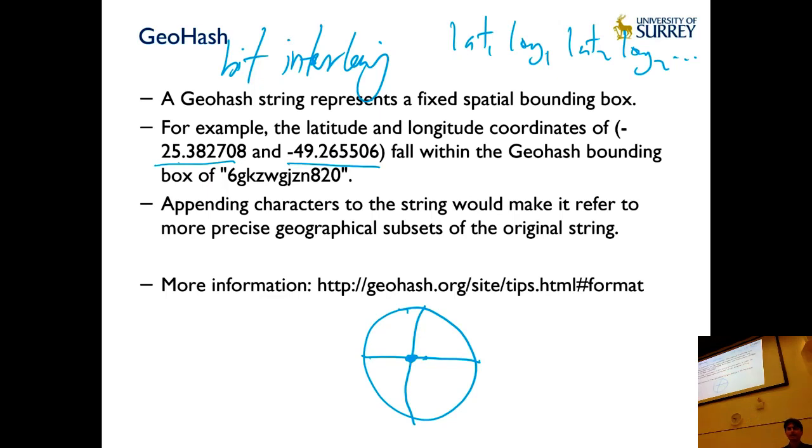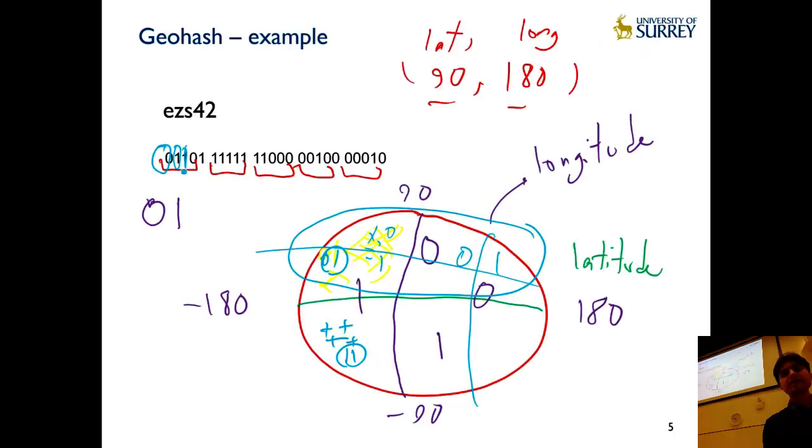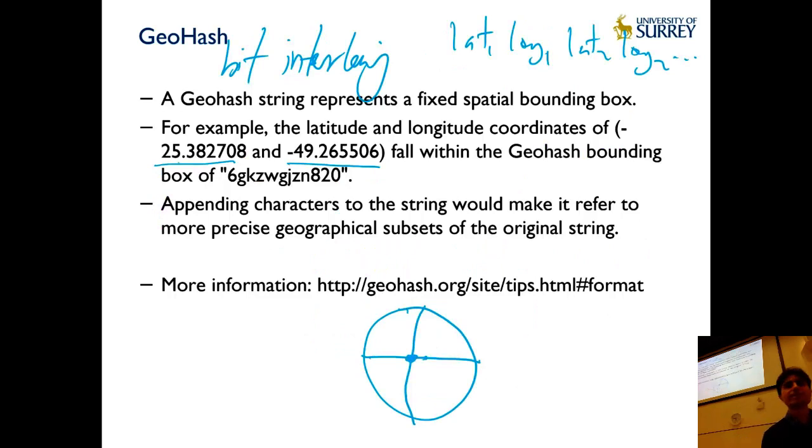Once you have created a representation, something like this, you start from left to right and separate them by 5 bits. Each 5 bits will be equivalent to one of those characters in our base 32 representation, and you will generate a string representation like this.